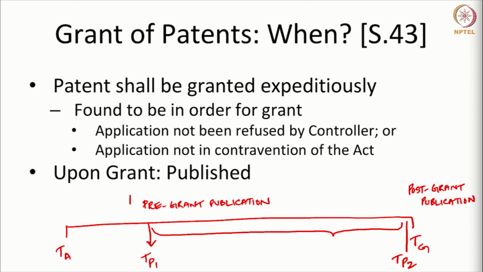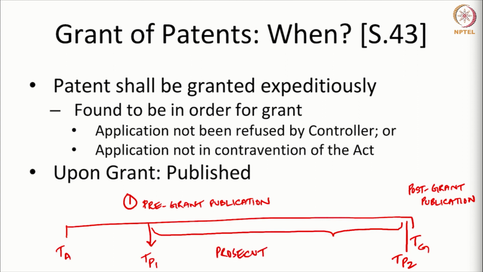So the first publication is a pre-grant publication which happens before the grant, before the patent office looks into the application, to put the world at large on notice that there is an application filed at the patent office which is requiring a patent to be granted. So that is the first publication. Then we have what we call the prosecution.